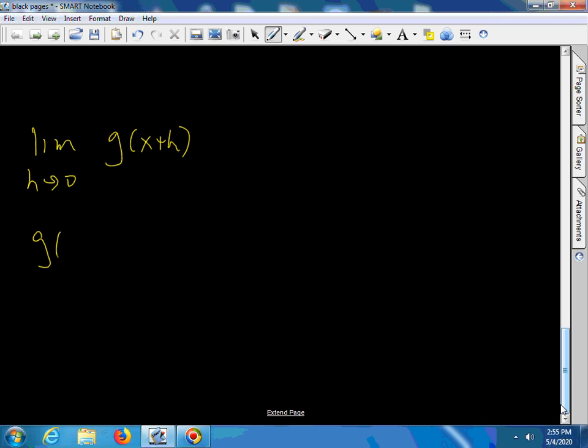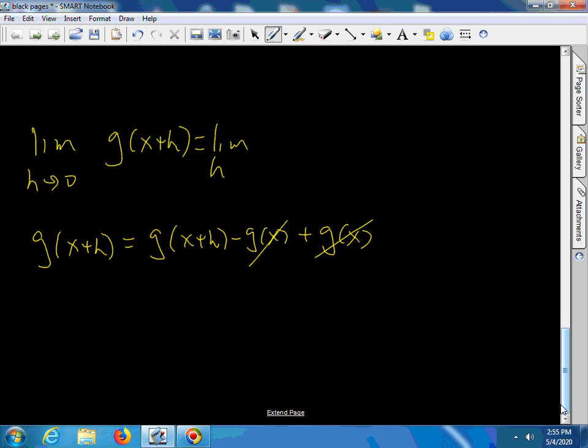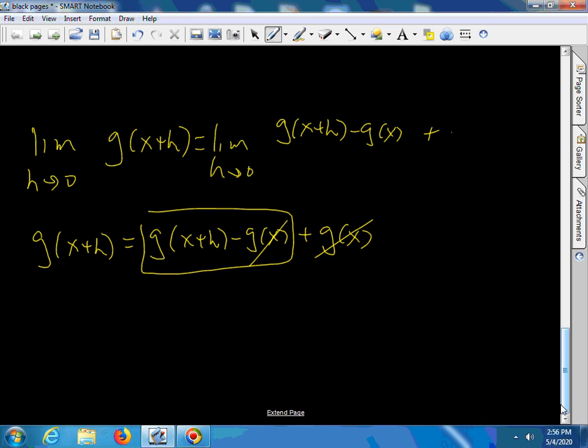Now, g of x plus h is equal to g of x plus h minus g of x plus g of x. After all, this cancels. So why I'm doing this is to build up the derivative. It equals the limit of g of x plus h minus g of x plus g of x.